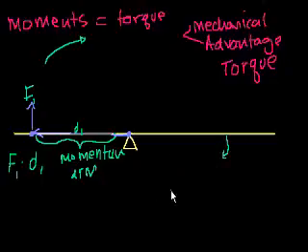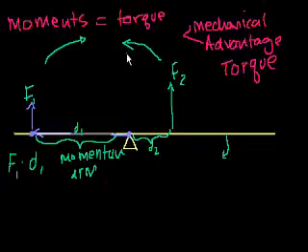The only way I can keep it from happening is if I exert some upward force here that perfectly counterbalances and keeps the seesaw from rotating. Call that F2, at a distance D2 from our axis of rotation. But it's going in a counterclockwise direction, so it wants to go like that.